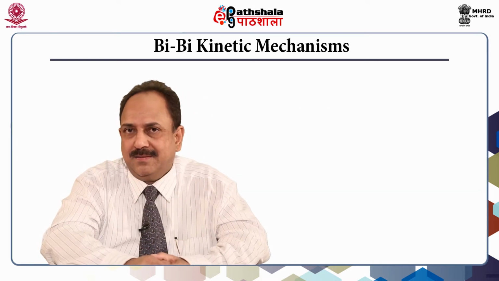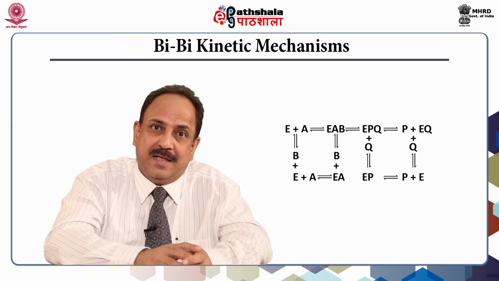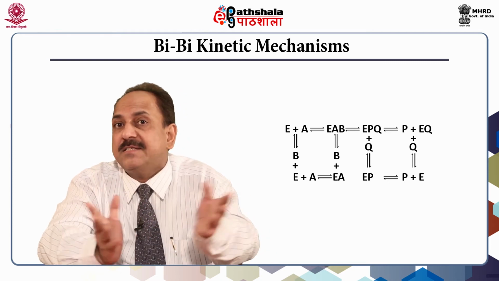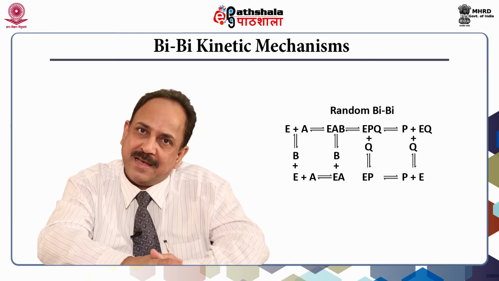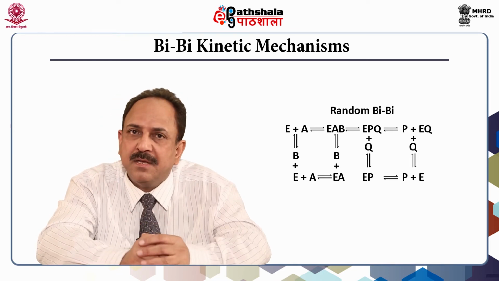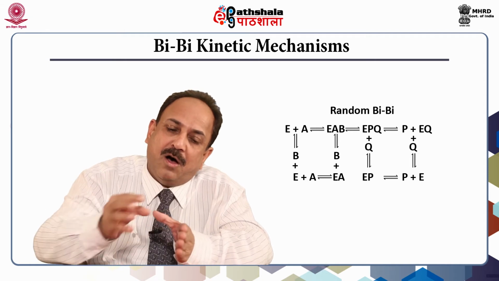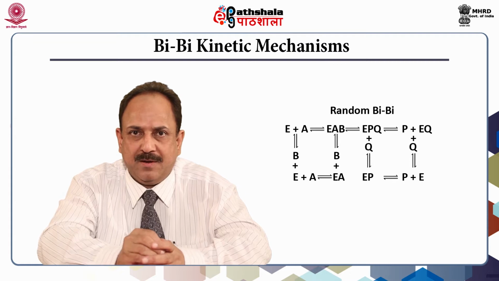On the other hand, if the entry of the substrates and exit of the products is not in an ordered manner, that is, it is random, then this is known as the random bi kinetic mechanism. In this mechanism, either A can enter the active site first or B can enter. When A enters, it forms the EA complex.